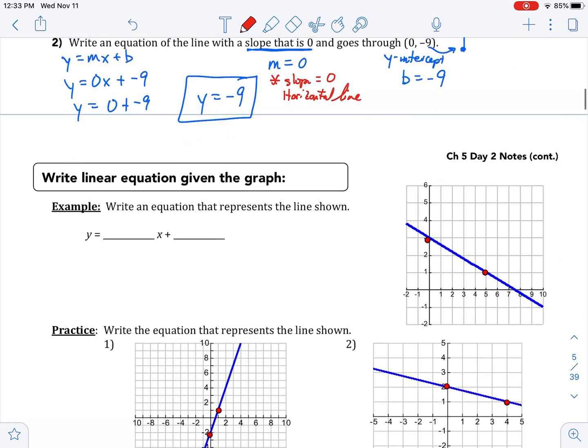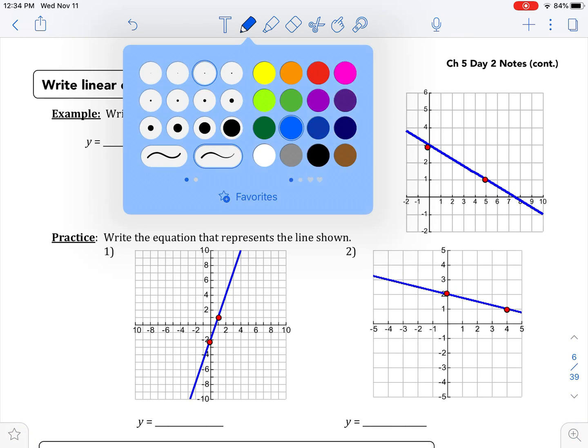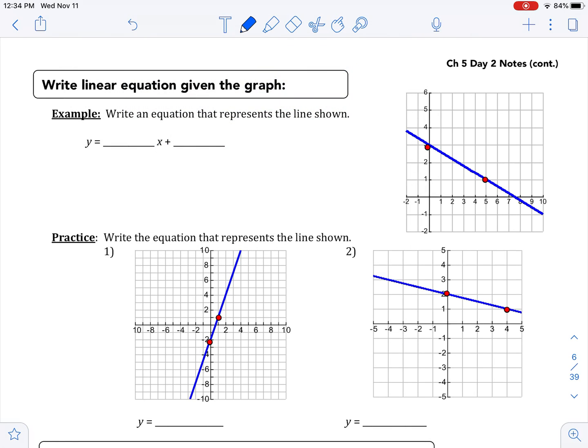All right. Moving on. The only difference here is that it asks us to write an equation in y equals mx plus b form by looking at a graph. Well, if I want to look at the graph, I need to first determine my m value. In this case, we're going down 3. Oh, careful here. That's not down 3, that is only down 2, down being negative, and over, that's going to be 5.